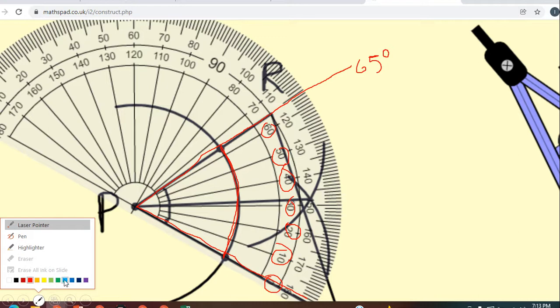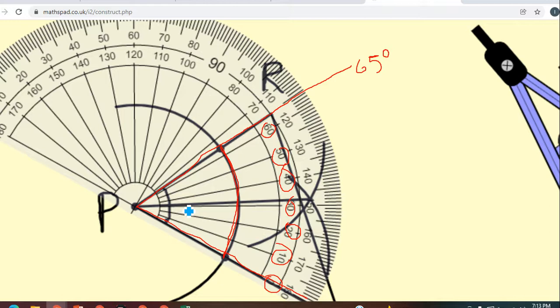So if we look at this angle, we call this blue line right there in the middle our bisector. This is our bisector. Why do we call it the bisector?